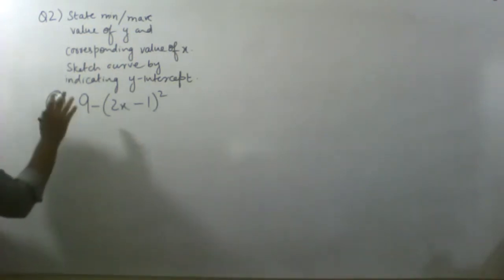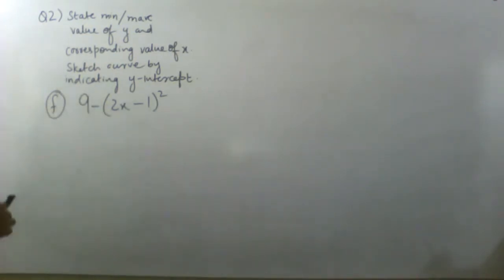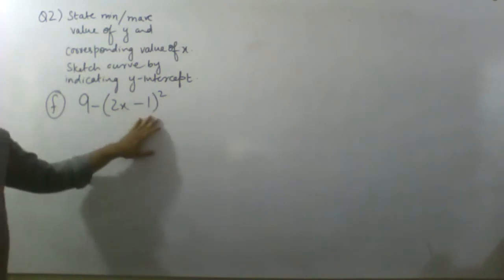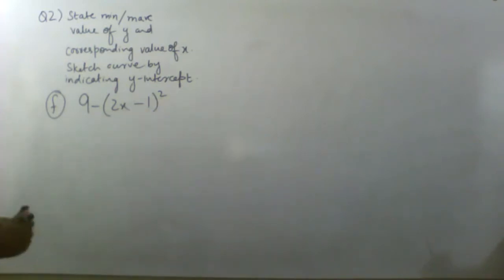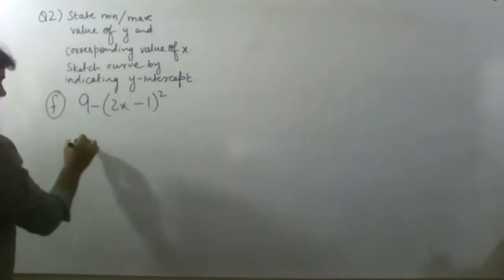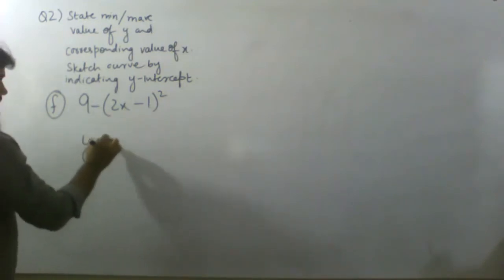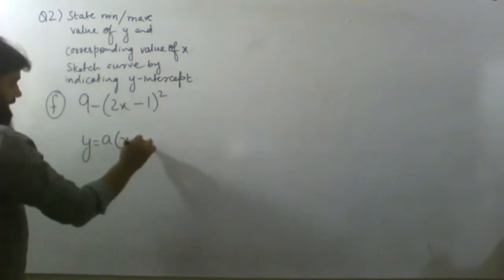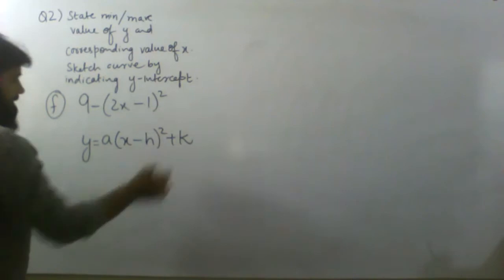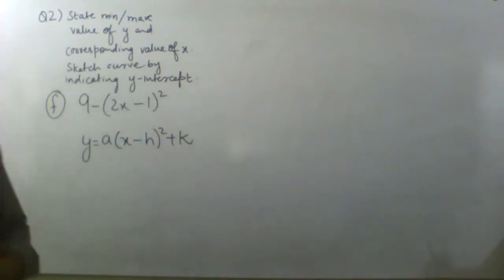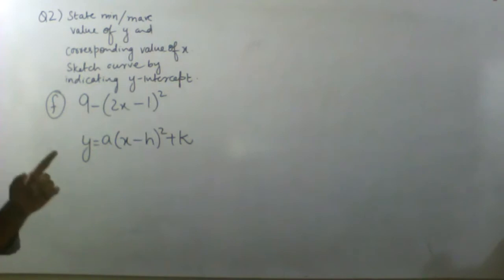Now, first thing is that x is given inside a bracket which has a square over here. So it means it's a completing square: y equals a(x minus h) whole square plus k. Now, before starting my comparison, I have to check one thing.